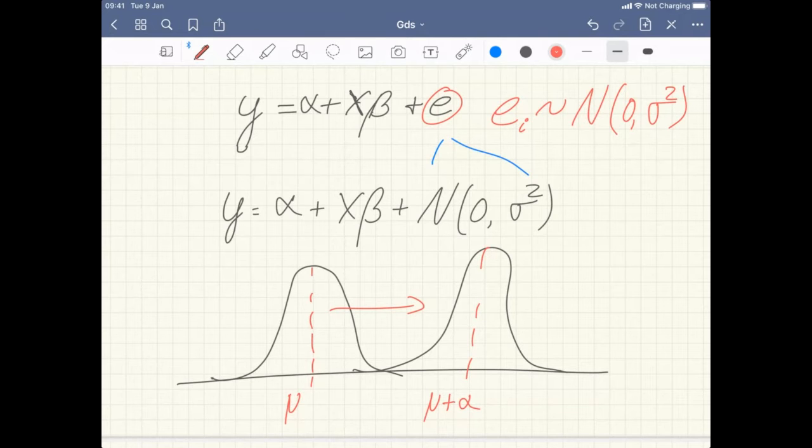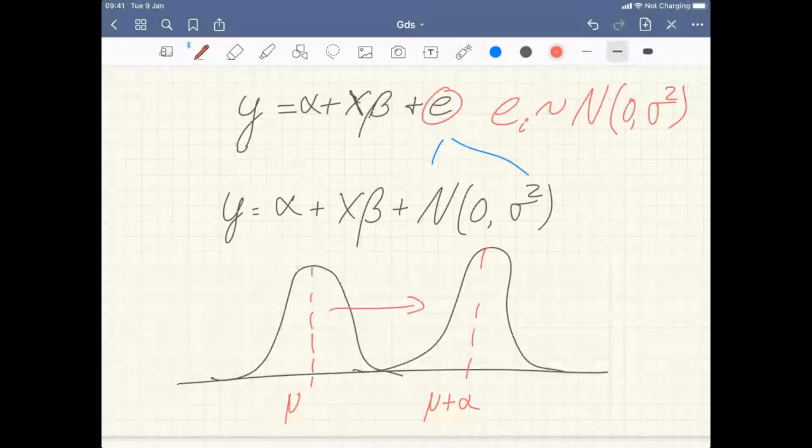It doesn't change the variance. This is a property of normal distributions that derives from them being what's called a location scale distribution. You can change the location of a normal distribution by adding a constant to all of its values.